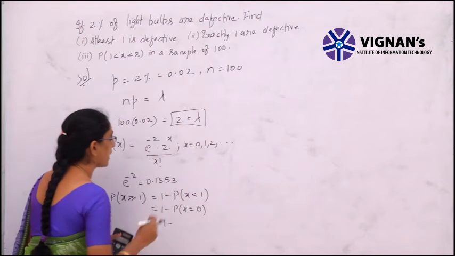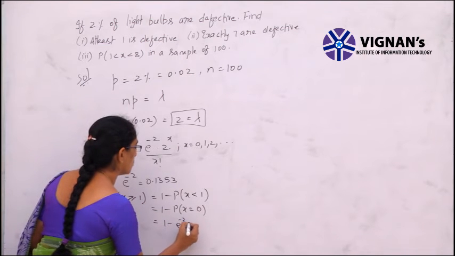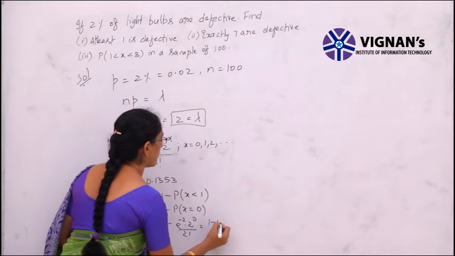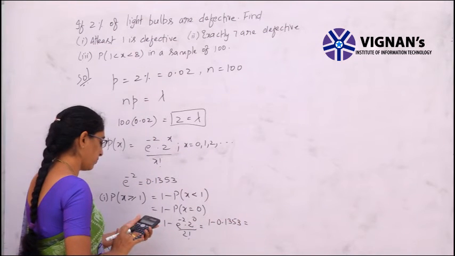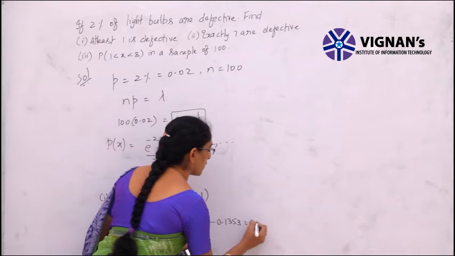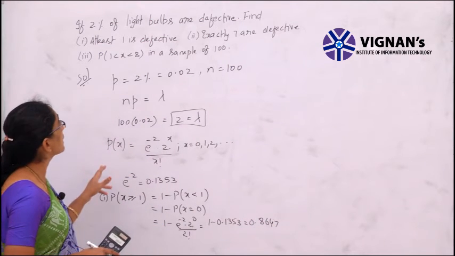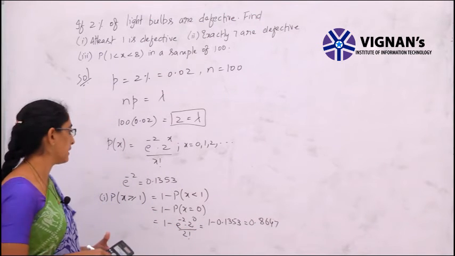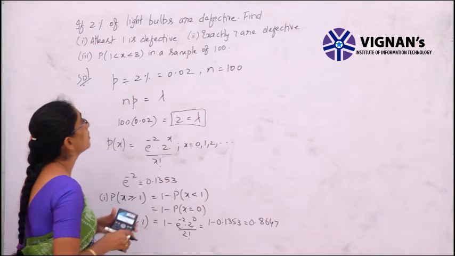So, 1 minus probability of x equal to 0 means e power minus 2 into 2 power 0 by 0 factorial is 1 minus 0.1353, which is equal to 0.8647. So, the probability that at least 1 is defective is 0.8647 here.